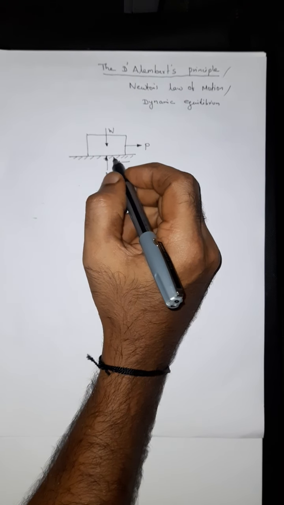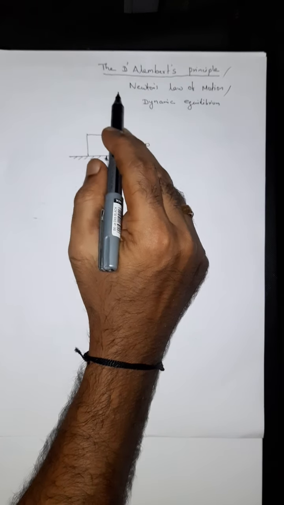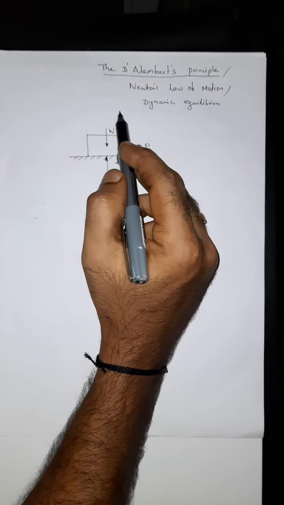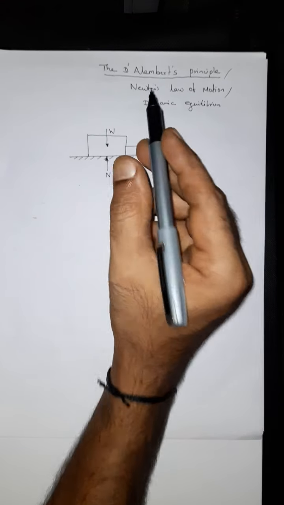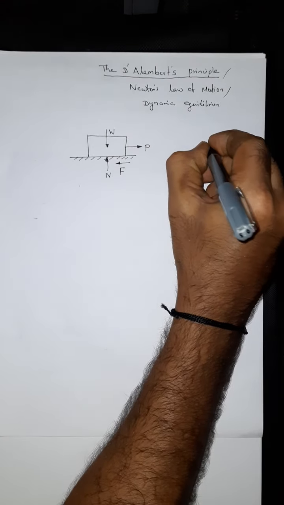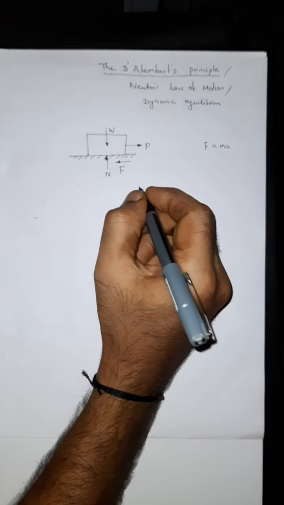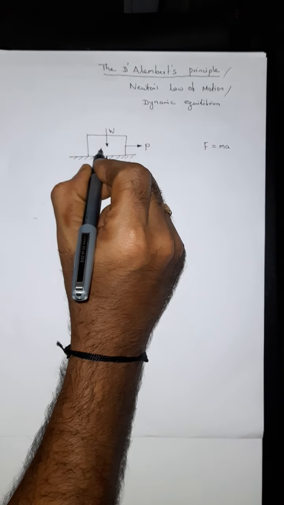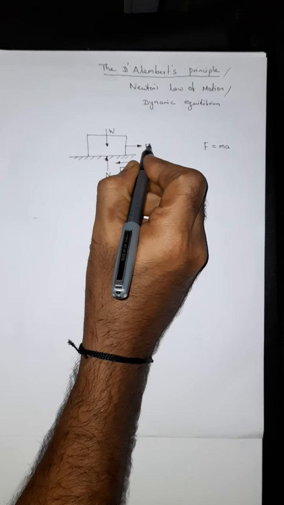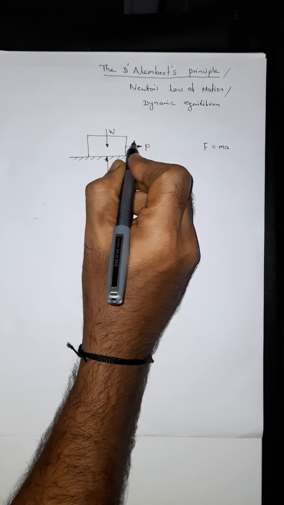The difference between friction and D'Alembert's principle is that D'Alembert's principle is an application of Newton's second law. What Newton's second law says: F is equal to ma. Here, when a body tries to move in the right hand direction, there will be a resistance force, right?